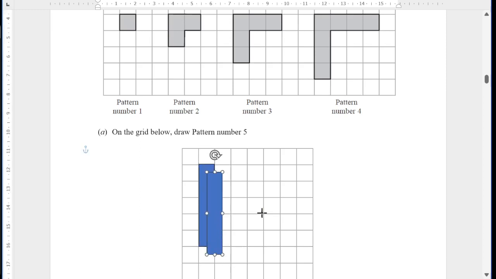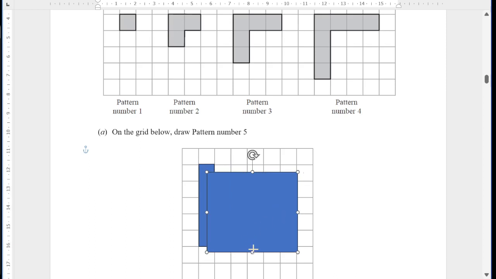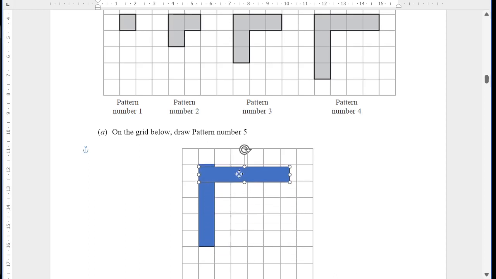And 5 across. So that's going to be what my shape would look like. 1, 2, 3, 4, 5. 1, 2, 3, 4, 5. Yeah, that will do.